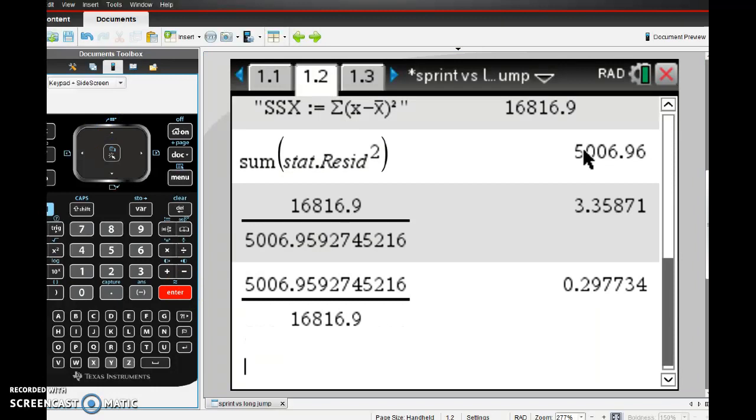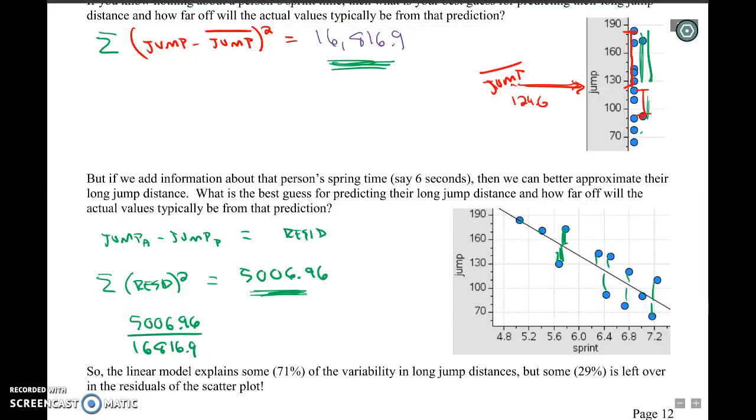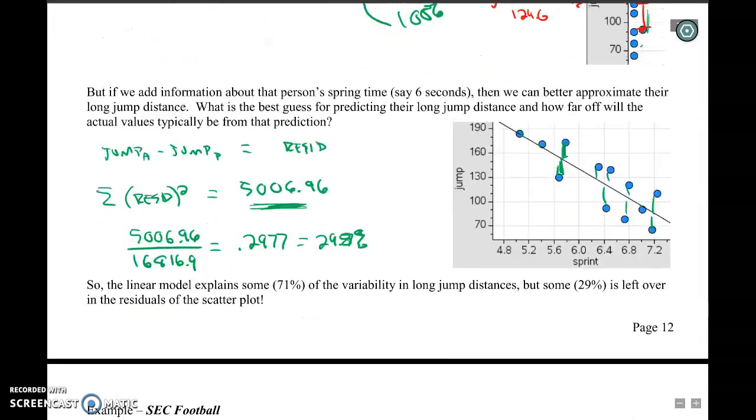And I get 0.2977, or 29.8%. So what this tells me is if this was 100% of the variation in my y's, now I just reduced that variation from 100% to 29.8%, meaning this linear model accounted for 1 minus that. So it accounted for 70.2%.